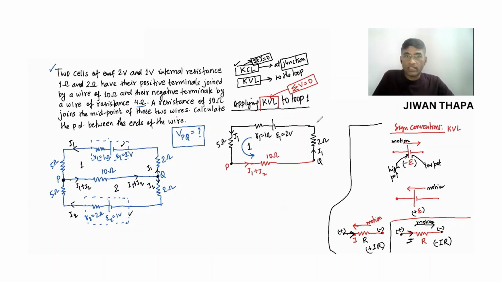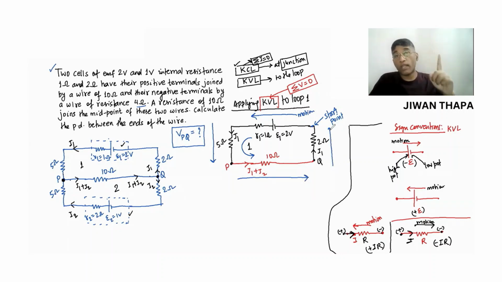Let us call this the start point. We move along this direction, and finally come to the start point, so that we make one complete journey in the given loop.